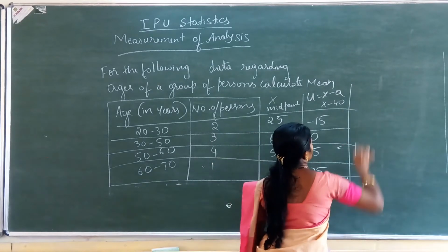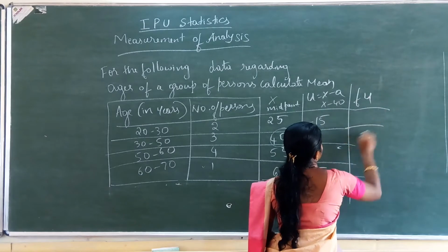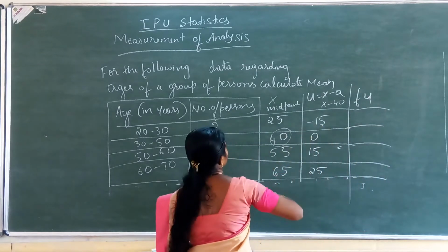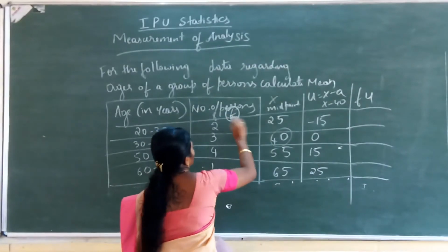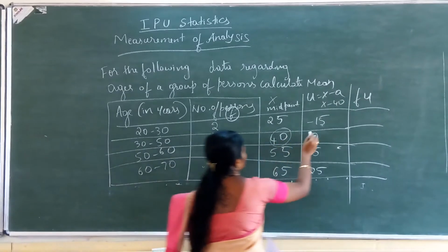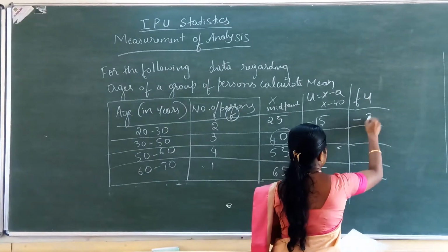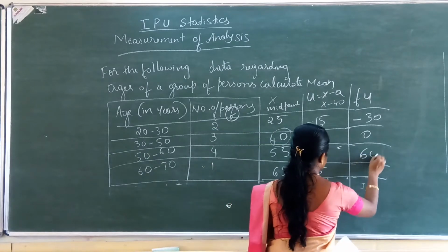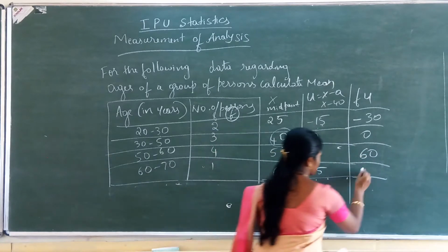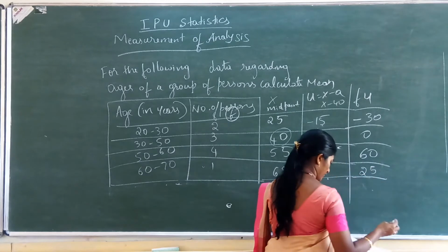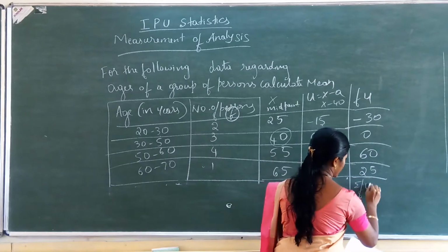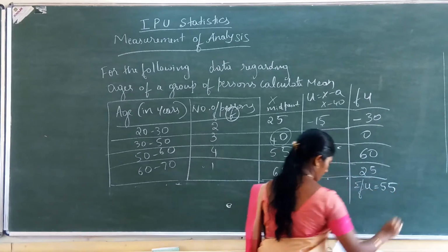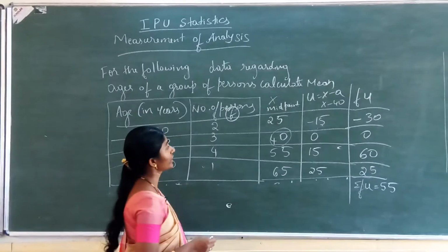Next f into u, multiply these two. 2 into minus 15 is minus 30, here 0, and 4 into 15 is 60, and 25 into 1 is 25. Our answer, the sum of f into u, is equal to 55.